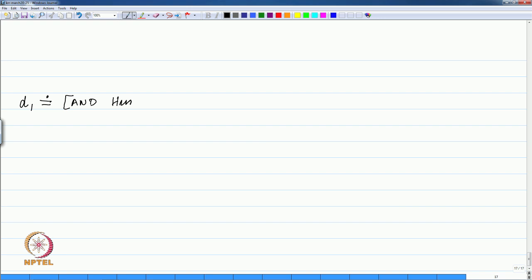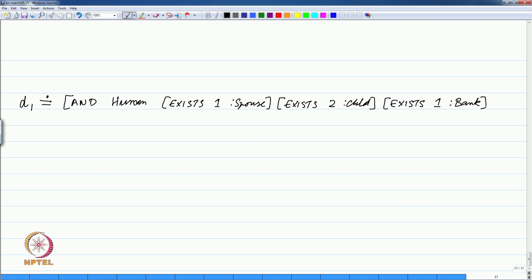So, let us say we are talking of all humans. So, all those things who are human and who have let us say one spouse, which is our way of saying that they are married, and who have at least 2 children, and who have at least one bank that they let us say deposit their money in, and whose all children belong to certain category.